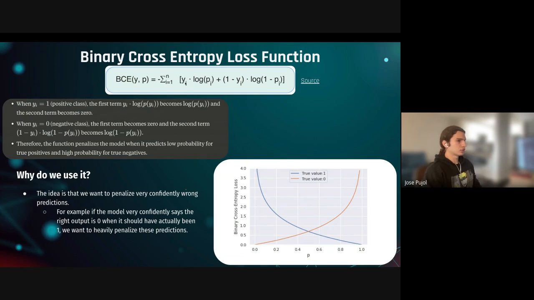But essentially, when our true label, when our true output is supposed to be 0, you can see that this yi term cancels out. It just becomes 0. So we're only left with this term. This term is telling us how far off the prediction was from the true label.